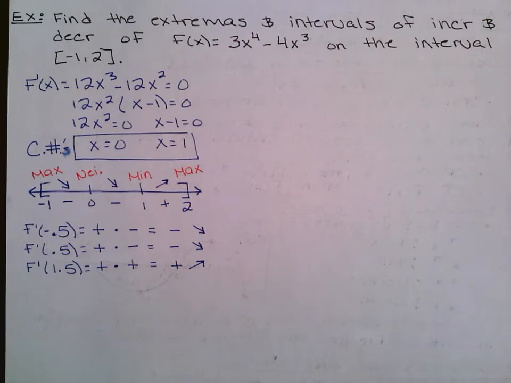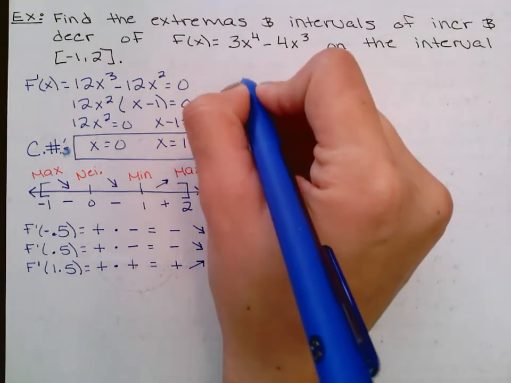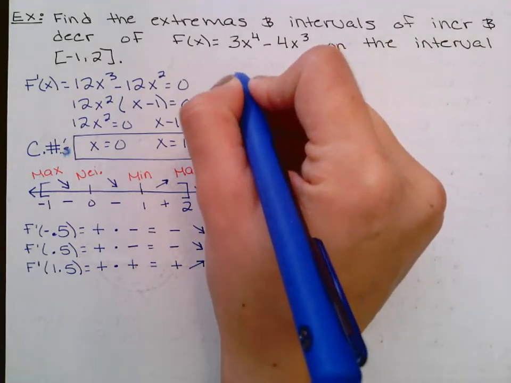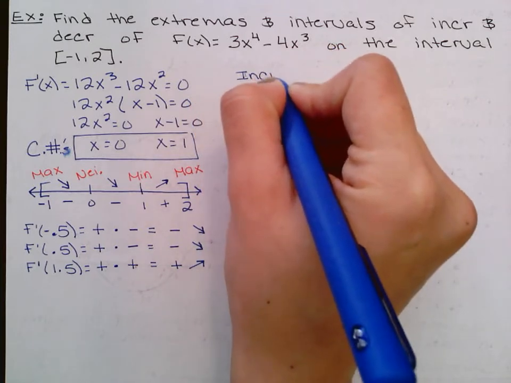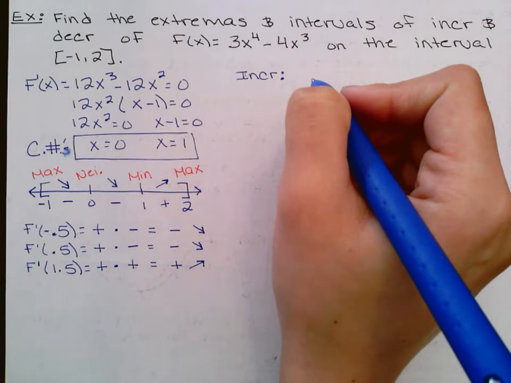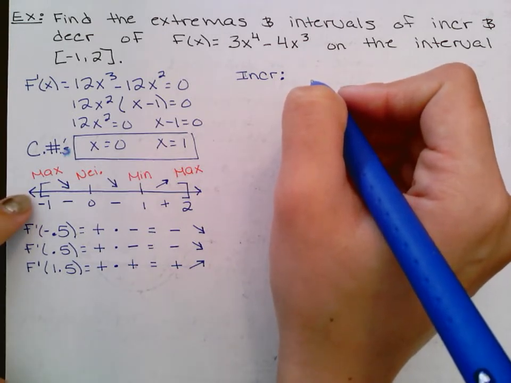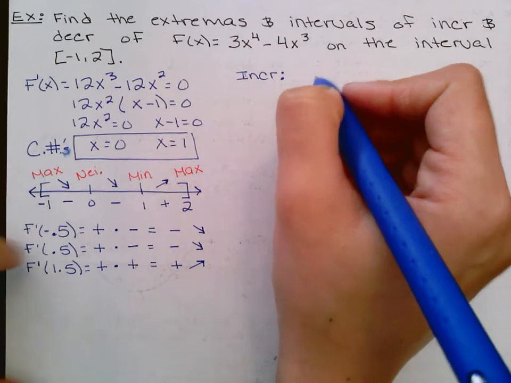All right, so for my first set of answers, I'm going to say my intervals of increase. Now, increasing and decreasing is always used with parentheses because I can't count the actual max as me having been increasing or decreasing, okay?